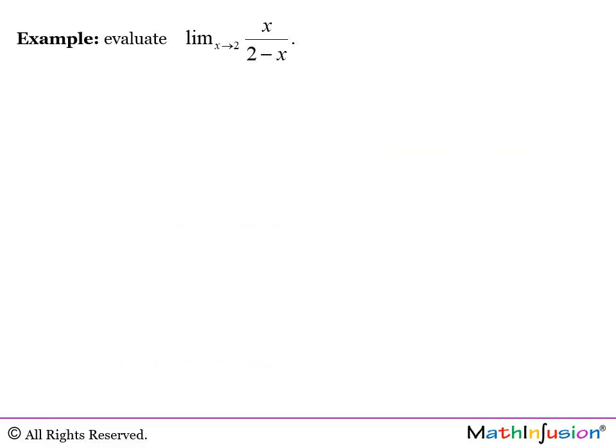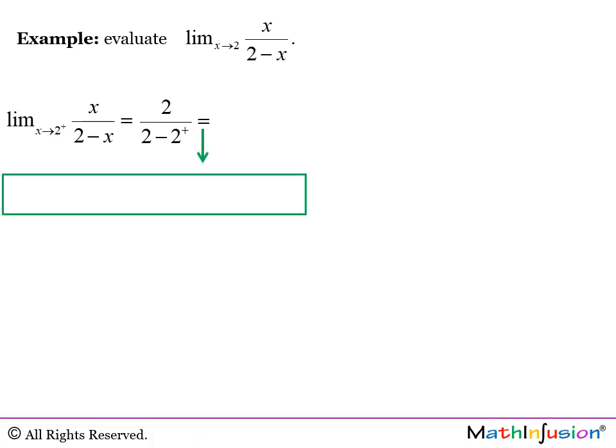Let's now evaluate the limit of x over 2 minus x when x approaches 2. Again, you cannot substitute 2, so we have to do the 1, 2, 3 theorem. We will start with the limit when x approaches 2 from the right. We are going to substitute 2 when possible and 2 plus when it's not possible to just write 2.